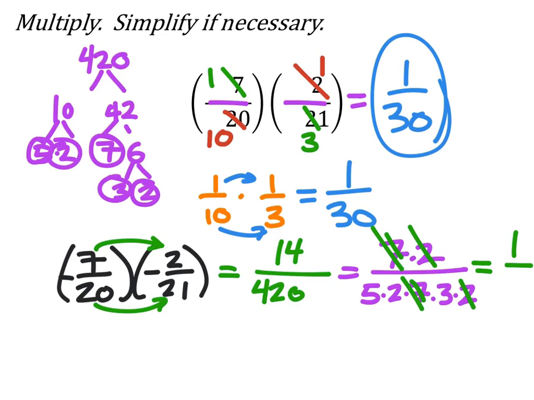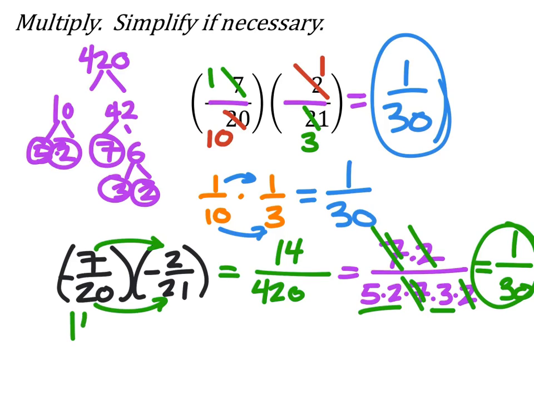So I need to show that it's just a phantom 1. I'm changing the phantom 1 into a visible 1. And then I multiply the values that remain or weren't crossed out in the denominator. So 5 times 2 is 10. Times 3 is 30. And you can see we get the same answer, right?